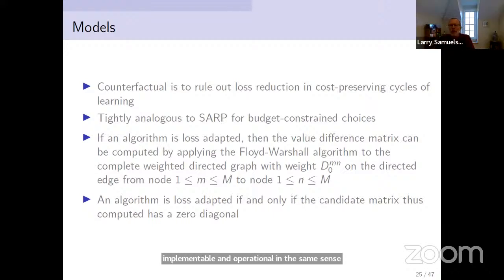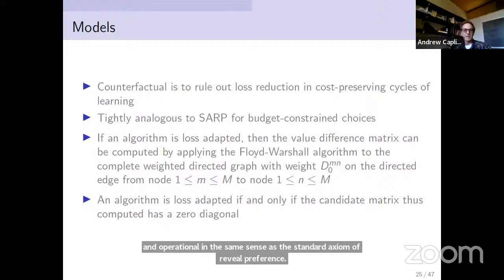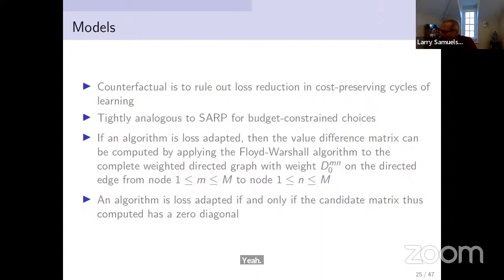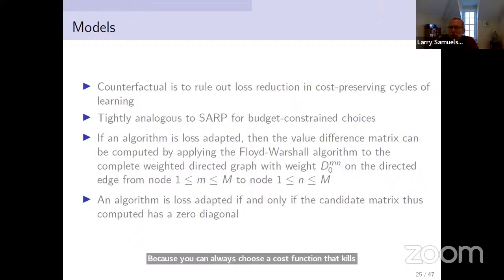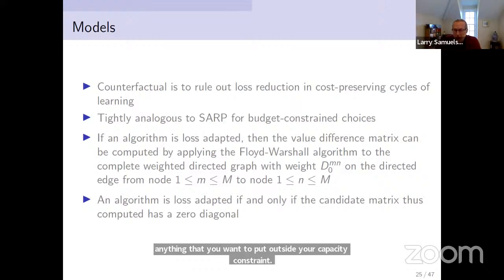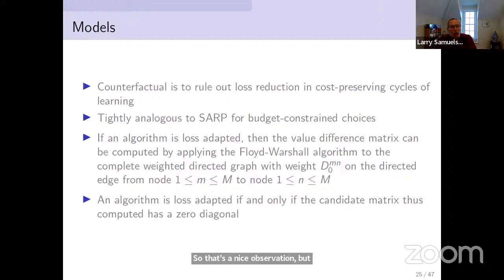Andrew, let me ask a question about cost functions. You explain in the paper that the capacity constrained model is a special case of the cost function model, because you can always choose a cost function that kills anything that you want to put outside your capacity constraint. So that's a nice observation, but it also suggests that if you place no restrictions on the cost function, you have quite a bit of freedom to do things.